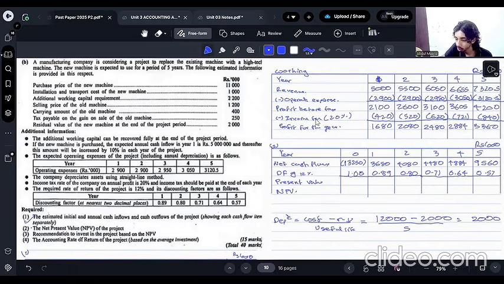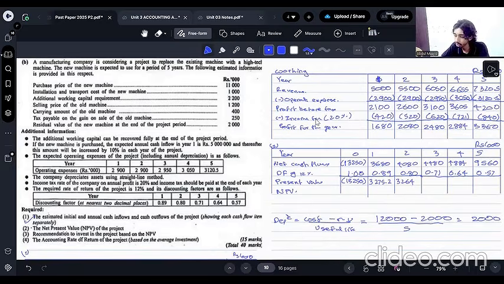So for year 0, present value will be equal to the cash flow amount. For year 1, 3,680 into 0.89, that will be 3,275.2. Then here 4,080 into 0.8, 3,264.